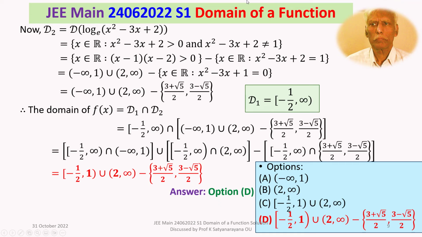Now, if you go to option A, (-∞, 1), in this (3 - √5)/2 is there, but (3 + √5)/2 is not there. So therefore, this is not the answer, because both these points are to be excluded. Now, if you go to option B, (2, ∞), in this (3 + √5)/2 belongs to this, whereas the second one, (3 - √5)/2, does not belong to this.